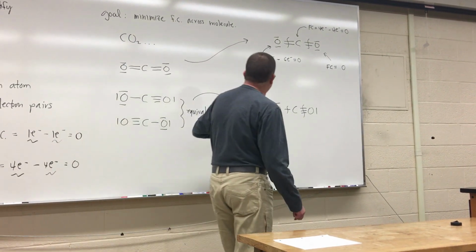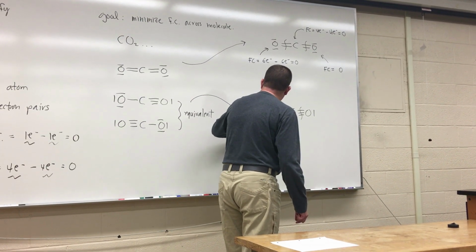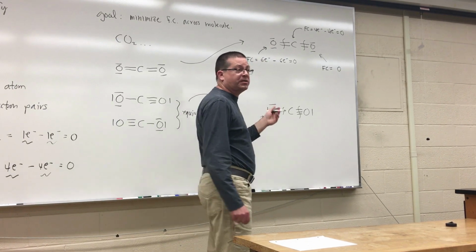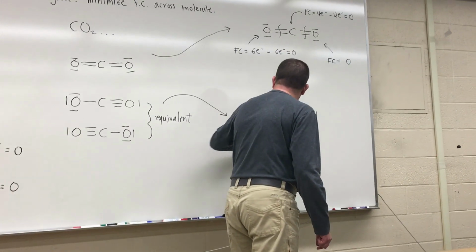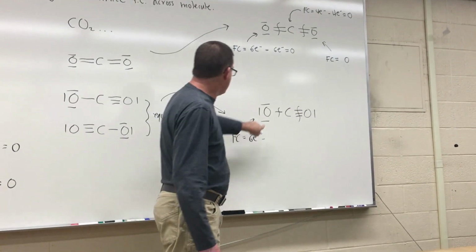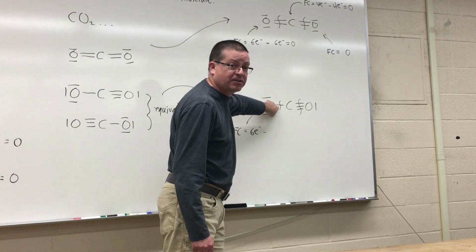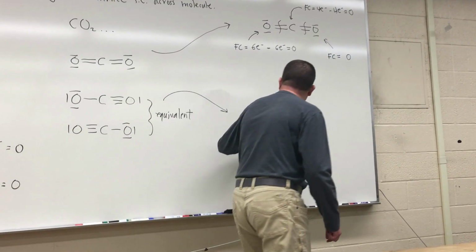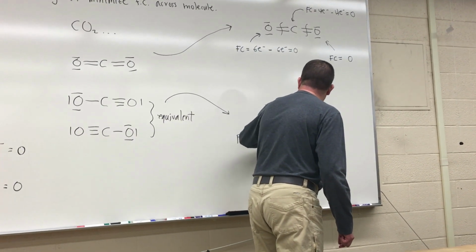So let's calculate a formal charge over here on this oxygen. My formal charge is going to equal the 6 electrons a normal oxygen would bring in, minus the number of electrons this oxygen lays claim to. Let's count them up: 1, 2, 3, 4, 5, 6, oh, and 7 because of the cleaved bond here. So 6 minus 7 gives me a negative 1.